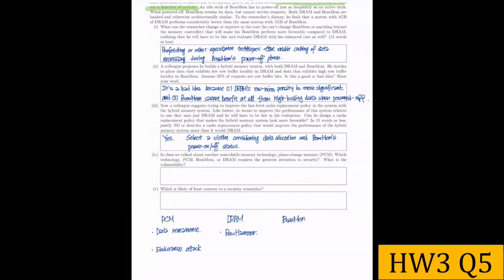And how about BossMem? This question does not assume any limitation in BossMem's endurance or anything like a RowHammer effect. So it has only the data remanence problem, as it is also non-volatile memory.